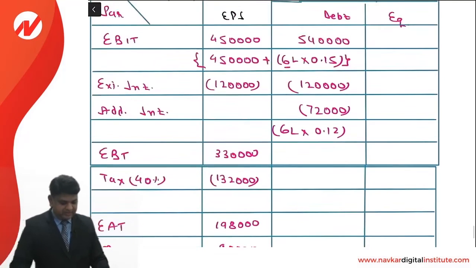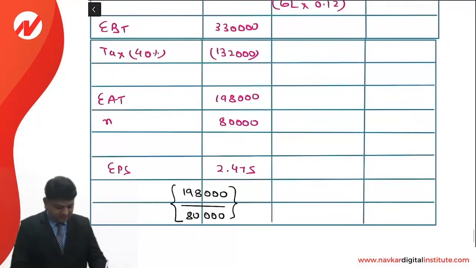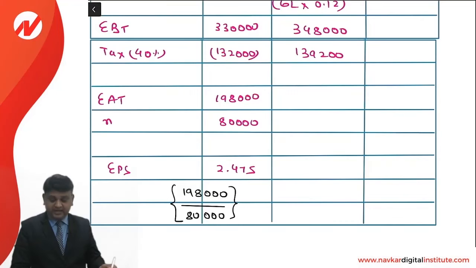Now EBIT minus interest, 540 minus 120 minus 72. Earning before taxes is 3,48,000 into 40%, 1,39,200. Earning after taxes is 2,08,800.